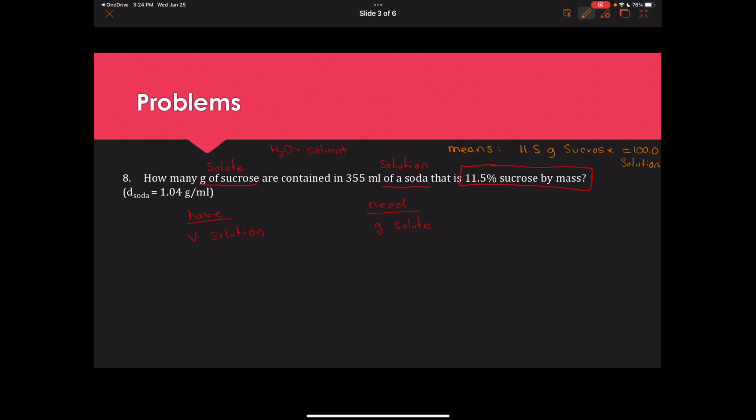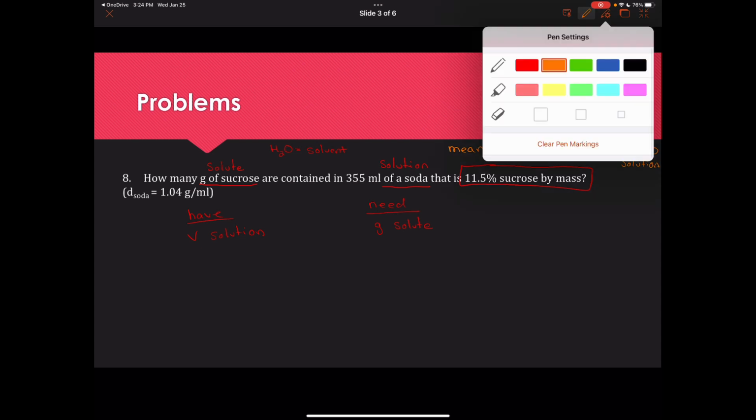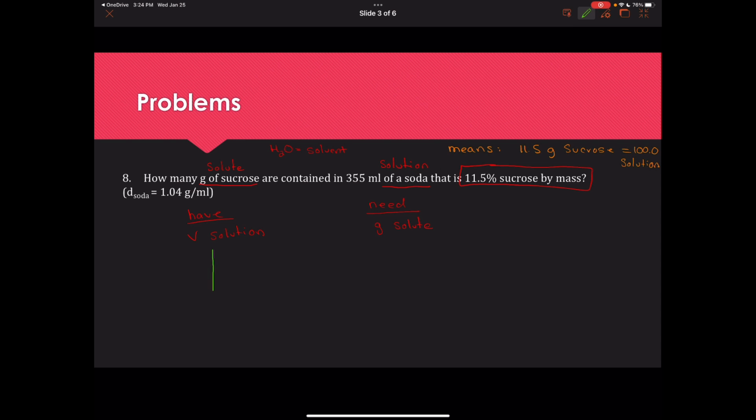But now if I take a look at what I actually have, I have the volume of my solution. In order to use that mass percent to get solute information, I'm going to need the mass of my solution. So I'm going to need to take my volume and convert it to grams of solution. And we can always convert between volume and grams using the density of the solution.